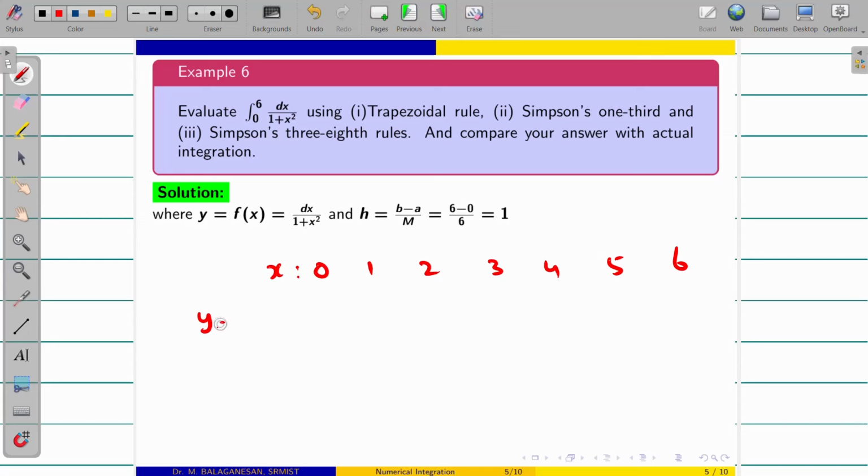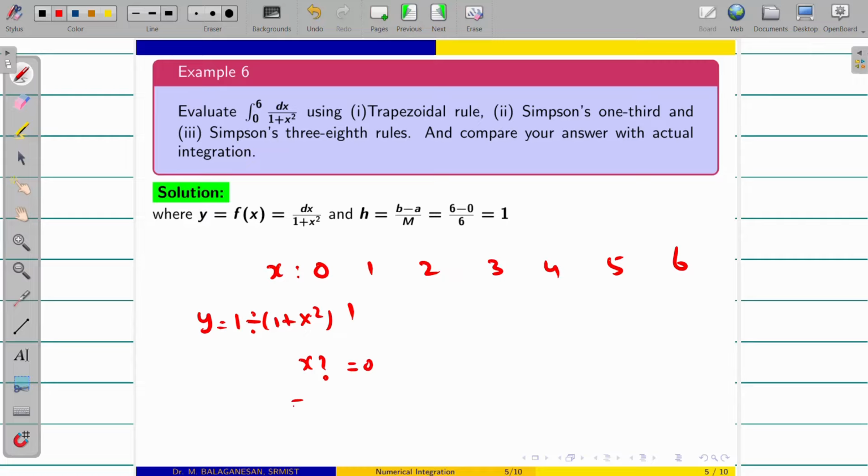How to calculate? y is equivalent to 1 divided by 1 plus x square. You need not use this brace here. Press the calculate button. It will ask what is x? Give the value 0. If you give 0, what do we get? It will be 1.